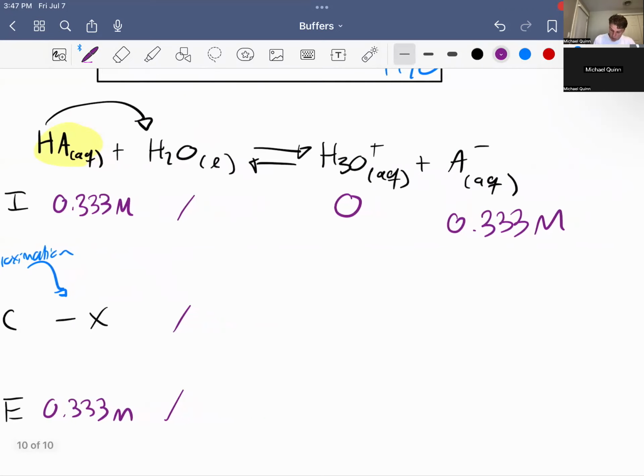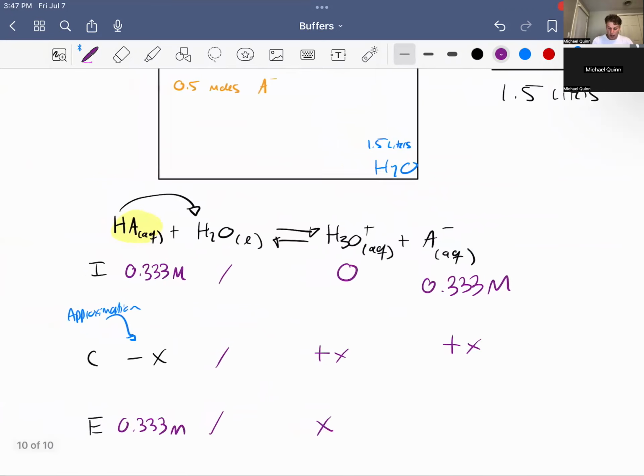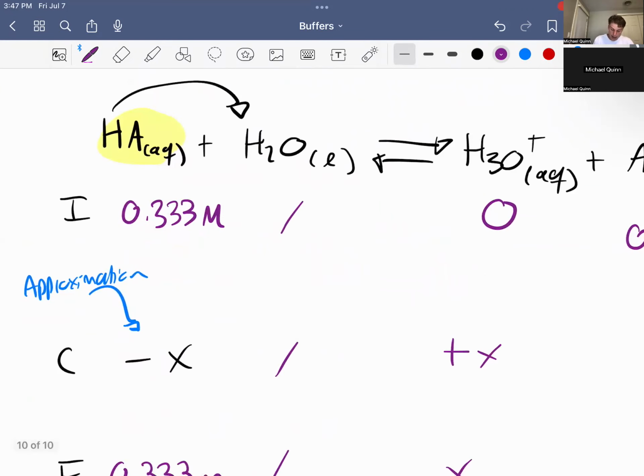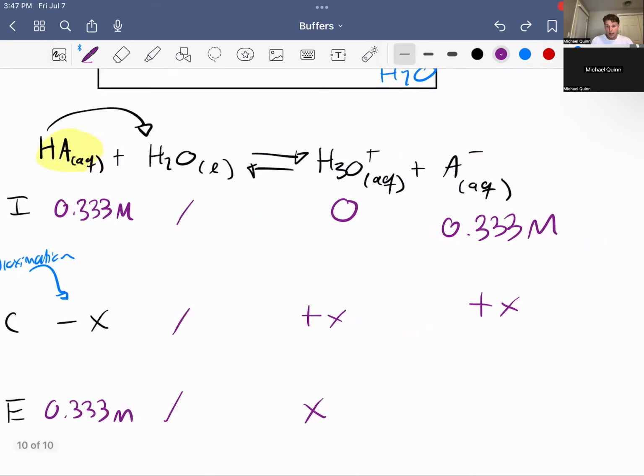Now, hydronium will be plus X. But for the same reason that we can approximate this as minus X, a little bit of that hydrogen, I should say, will be donated. We can say that 0.333 plus a very small amount will still be 0.333. So it works in both ways.